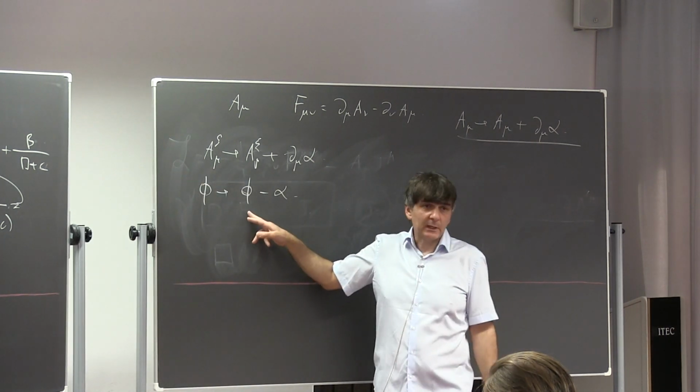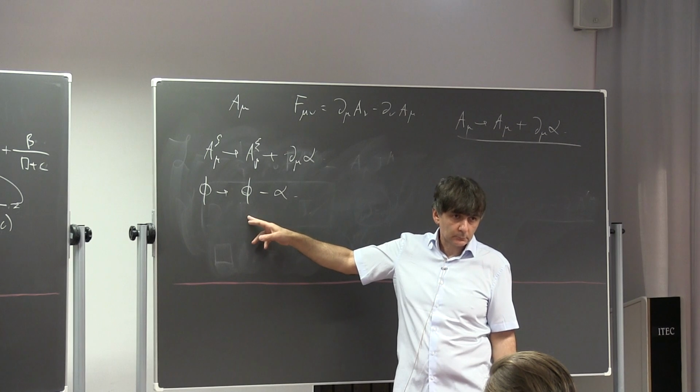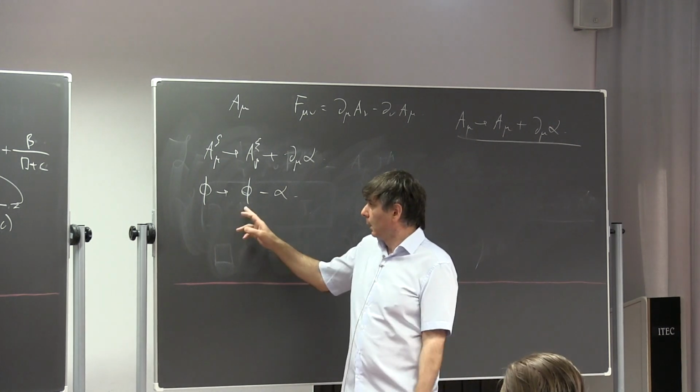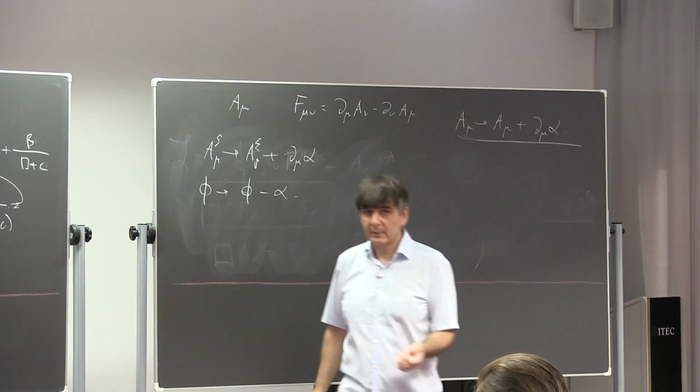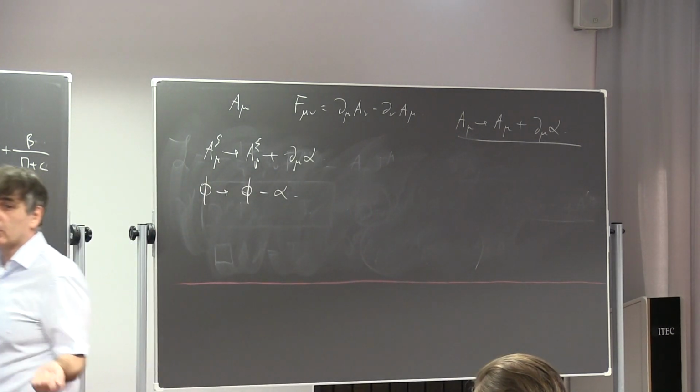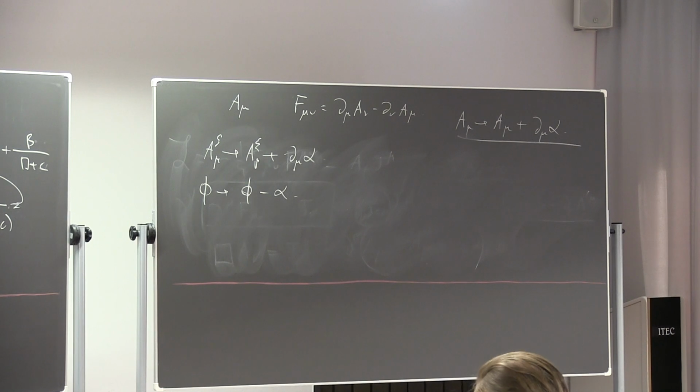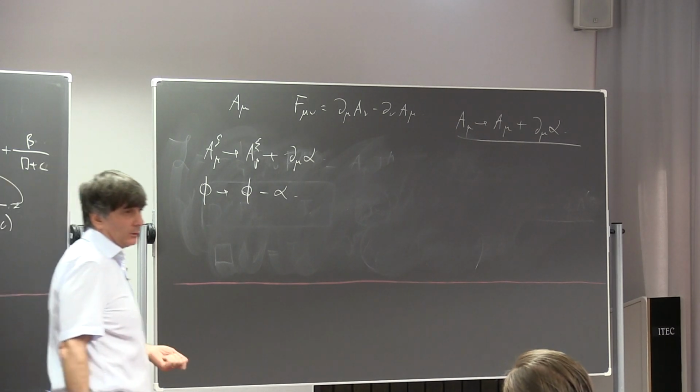This field is sometimes called a Stuckelberg field. So let's try to summarize what happened. We tried to deform a theory in such a way as to eliminate the original gauge redundancy. And actually, we didn't succeed. We could not eliminate the original gauge redundancy.